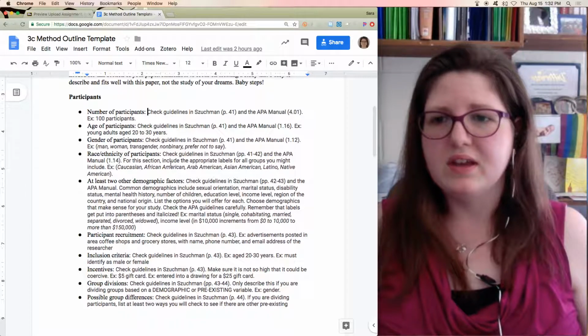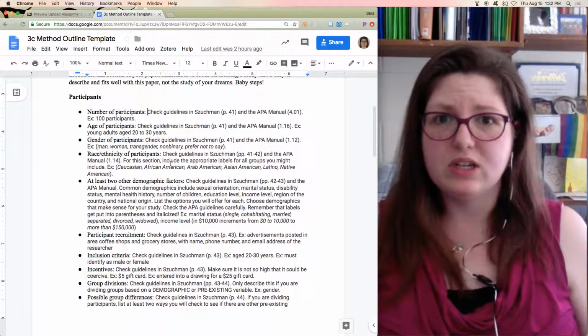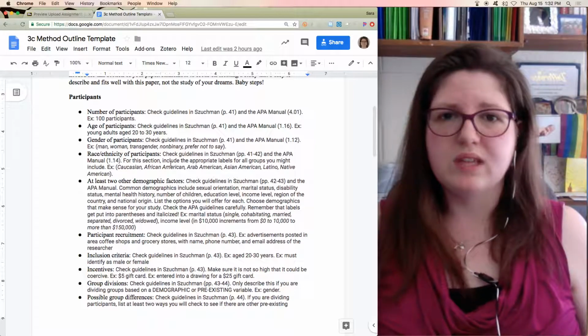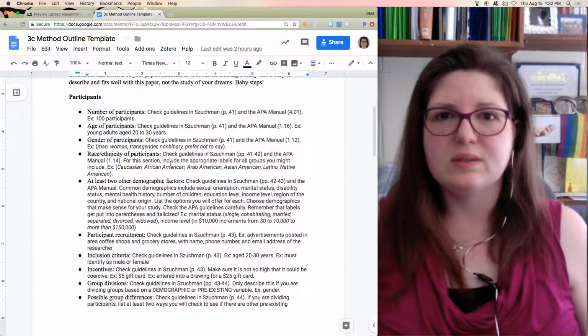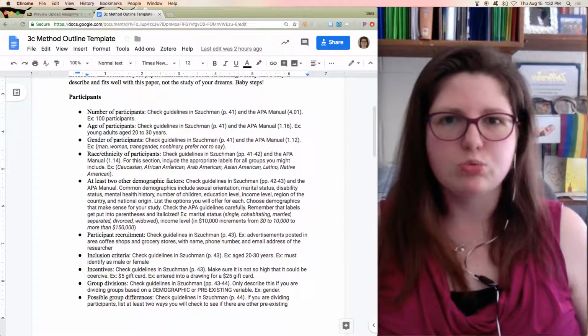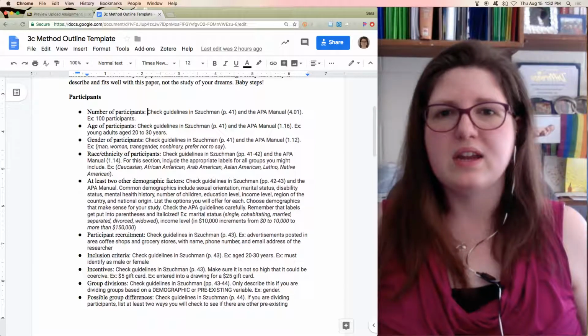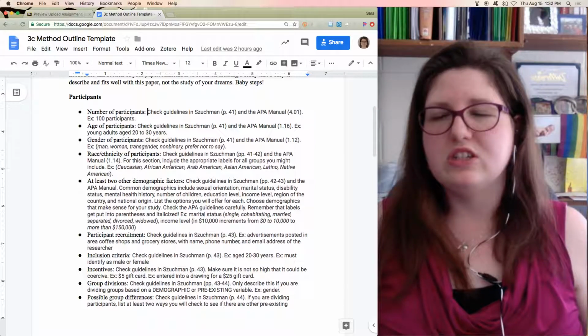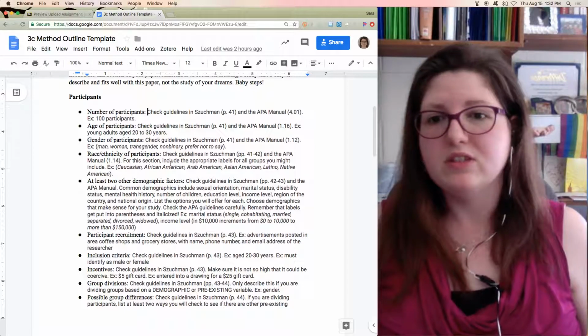So for example, you'll see some old articles will say subjects, but most new articles will say participants, because we want to recognize that these are not people we are subjecting to something. We don't get to control them. They are choosing to participate, and so we are recognizing their autonomy and the voluntary nature. They can quit at any time without penalty.